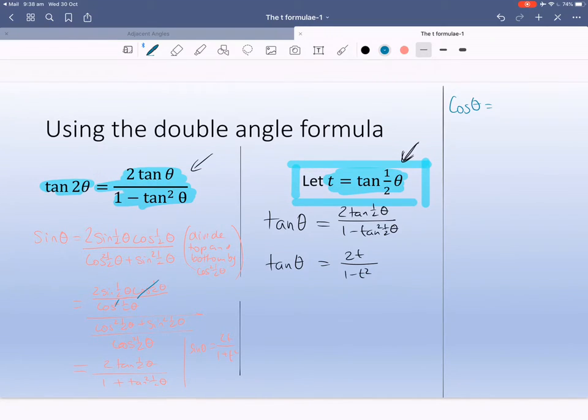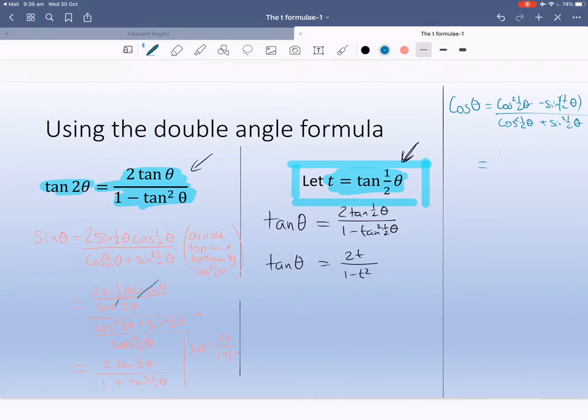Now, what will cos theta be? Well, we're going to have to do the same thing, except our double angle identity will be cos squared half theta minus sine squared half theta. And I'm going to divide that by 1 as well, but our trigonometric one, so cos squared half theta plus sine squared half theta. And I'm also going to divide top and bottom by cos squared half theta. So I'm going to go straight into it.